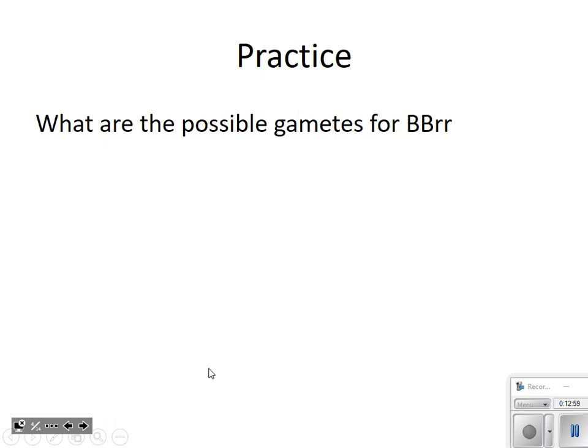The correct answer is 1. How did we determine it? Fletcher, can you explain it? How many different B's could we have? Only 1. How many different R's could we have? Only 1. What's 1 times 1? 1, right? We're going to have 1.